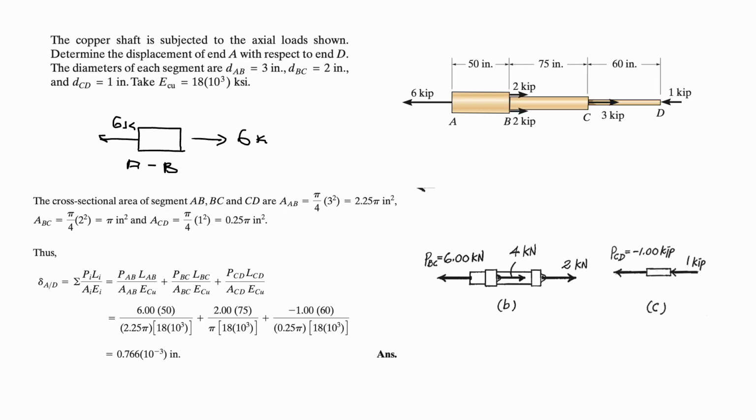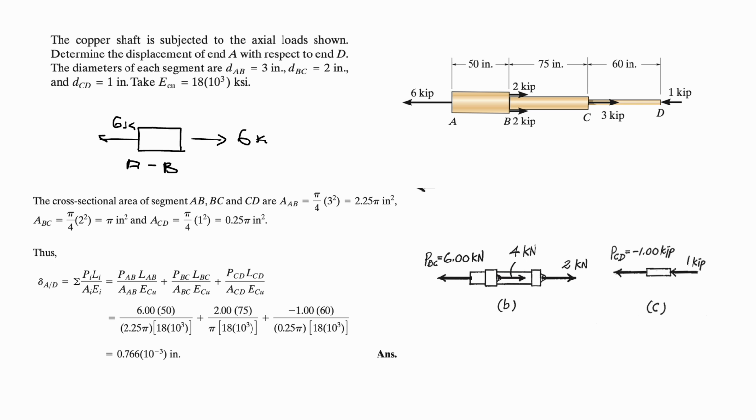Here we have one example. We have a copper shaft which is subjected to the axial loads shown here, and we need to determine the displacement of end A with respect to end B. The diameters of each segment are: between A and B 3 inch, between B and C 2 inch, between C and D 1 inch, and we are taking the modulus of elasticity to be 18,000 ksi. In the segment AB we have 6 kips force, that is our internal force, which is pulling.